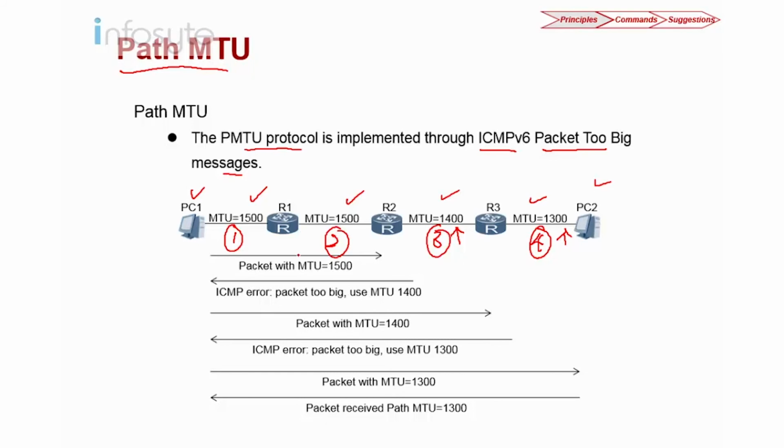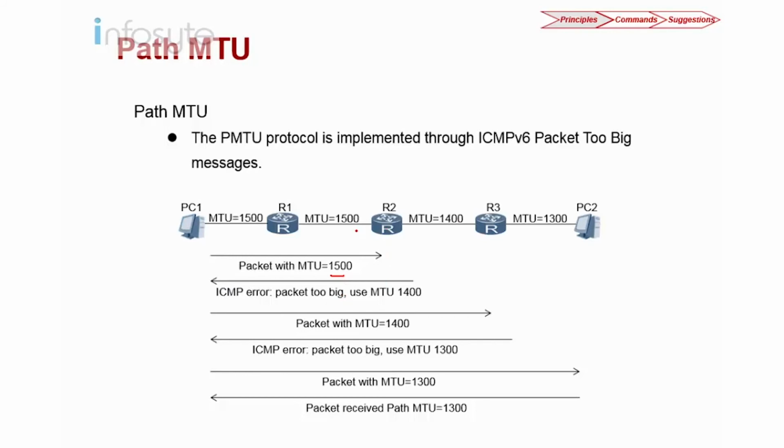Now this is how the path MTU in IPv6 works. Firstly, the source is going to try to use the default MTU, which is 1500 bytes. Once you cross from R2 to R3, which is not 1500, the ICMP is going to send an ICMP error packet type 2, and it's going to advise the source to try to use 1004 instead of 1005.